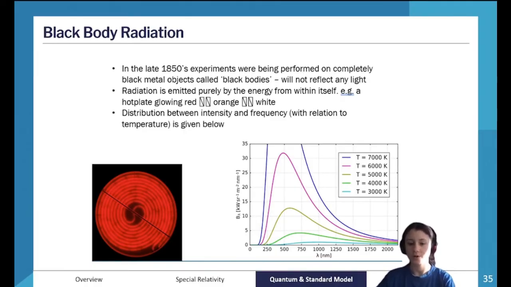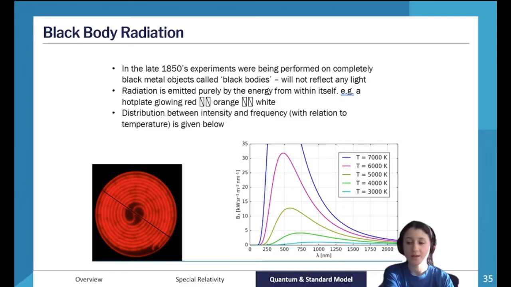A few hundred years ago, experiments were being performed on completely black metal objects, and we call these black bodies. So a black body is a completely black object, and theoretically it does not reflect any light. It only absorbs the light that's being shone at it, right? Because it's black and it's metal, so it's a good conductor, that kind of thing.